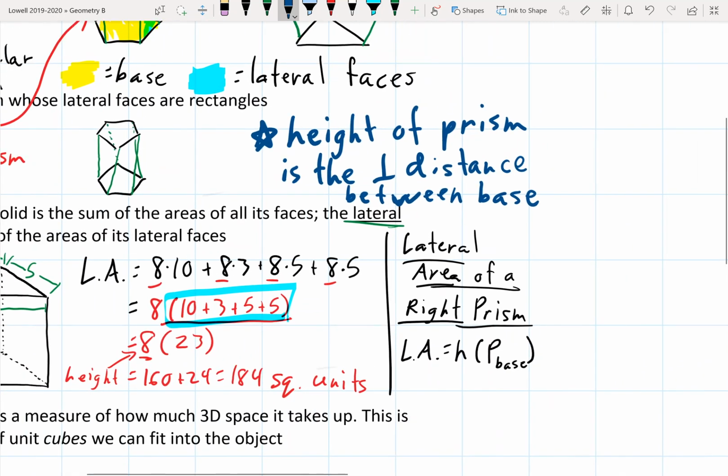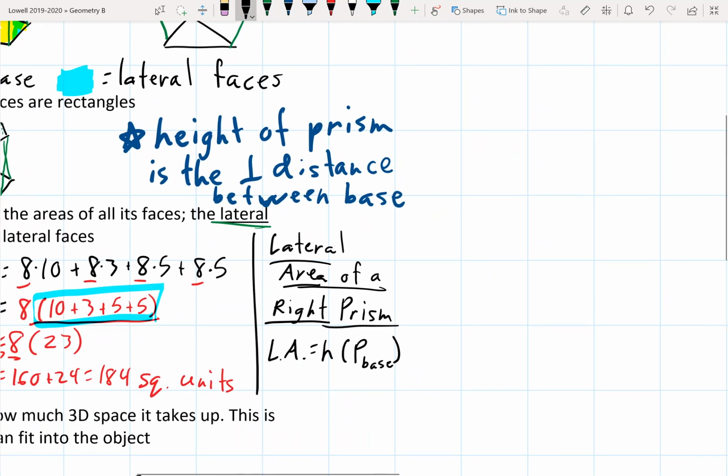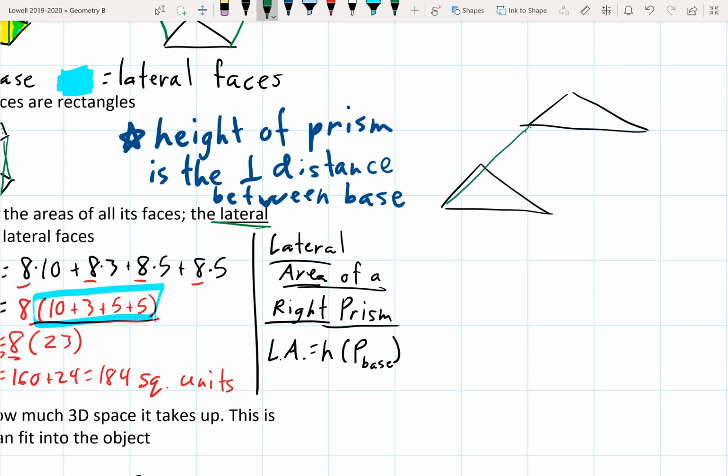And so even if the bases were not directly lined up, such as in this case, the actual height that you would want to use would be right here, to wherever this floor is and it's parallel. That would be your height. It would not be this blue height right here. Okay.